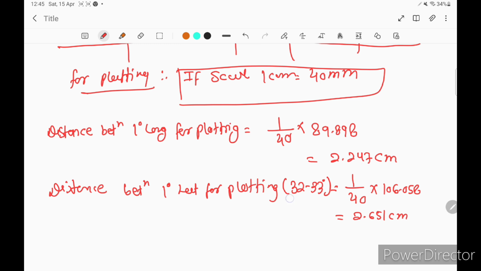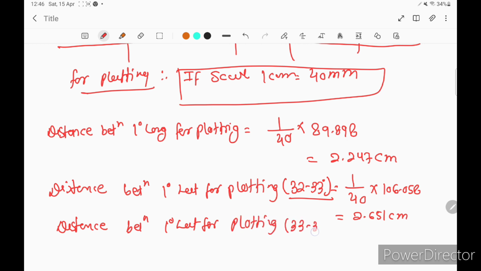Okay, this is 32 to 33. Now 33 to 34, the same thing. Distance between 1 degree latitude for plotting between 33 and 34 is 1 divided by 40 into 107.257, which is 2.681 centimeters.